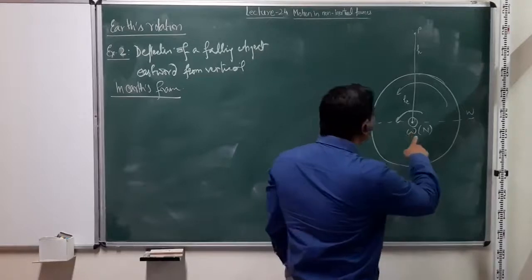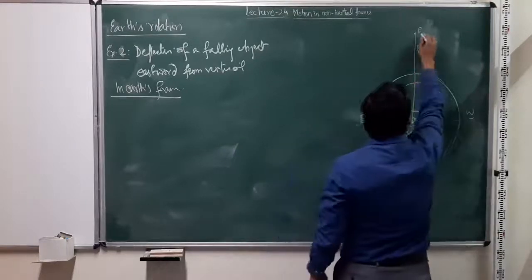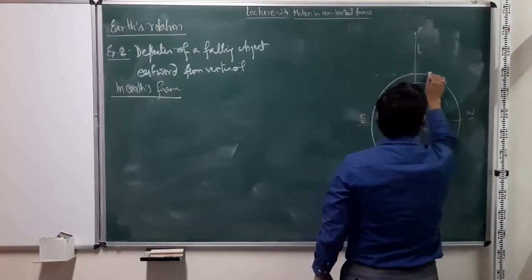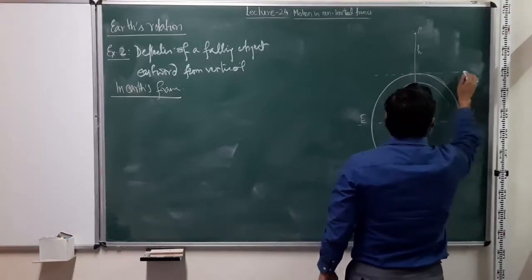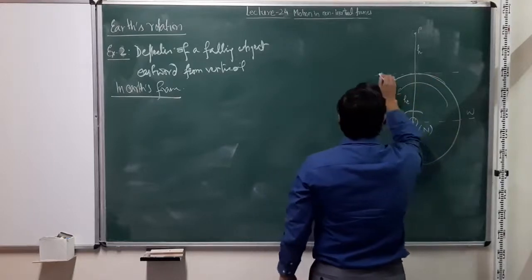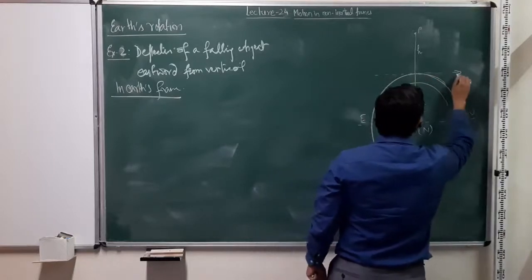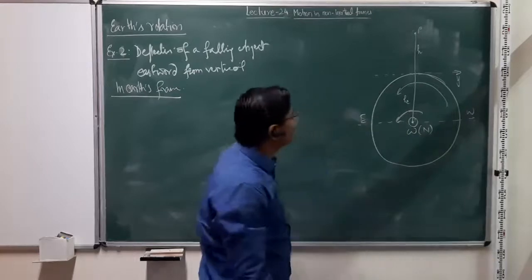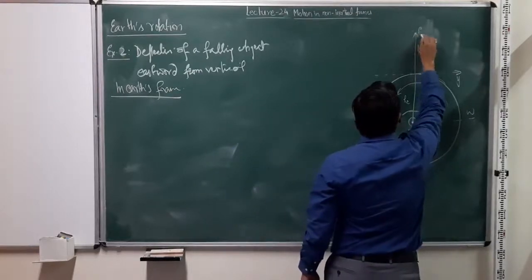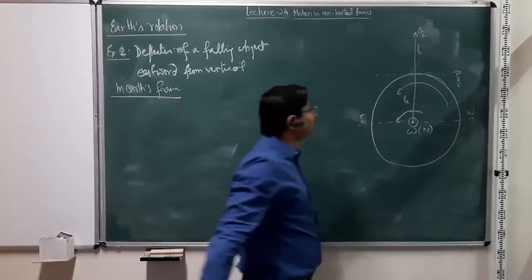Okay, now let's define the coordinate system. East to west, I'll call this y, so let me write it down as y cap. And this one I'll take as z cap. So then this becomes my x cap.